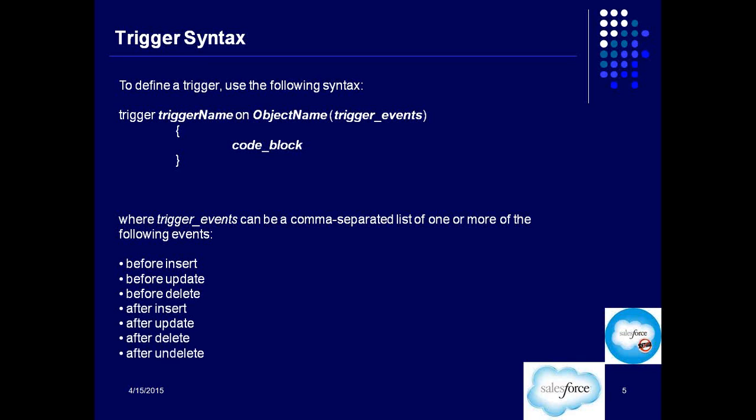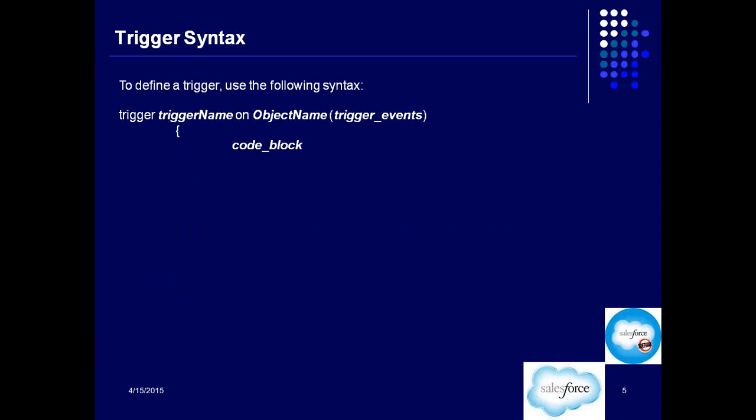So undelete, we just have one event, that's after undelete. But for everything else we have before insert, after insert, before update, after update, before delete, after delete, right? So when you want your code to get executed, that completely depends on you. Whether you want it before the insert operation or after the insert operation, that completely depends on you.